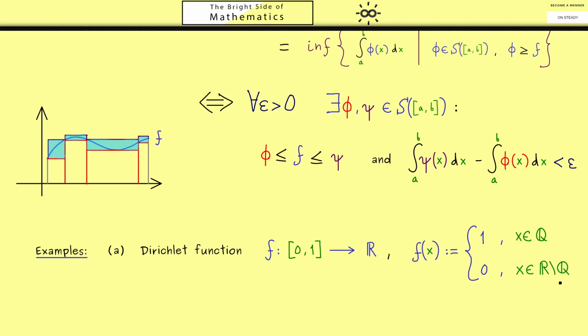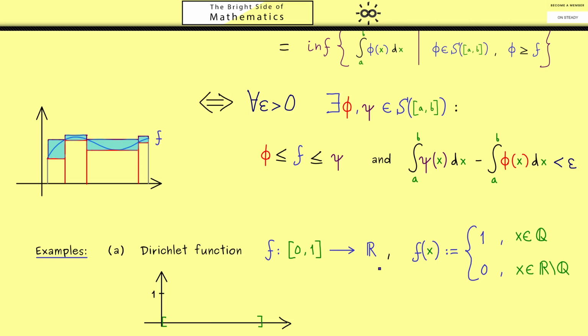and it's 0 when x comes not from Q. Now, at first glance, this looks like a very simple function, so let's draw the graph for it. And there, you should immediately see we have infinitely many rational points for the value 1, but also infinitely many irrational points for the value 0. And moreover, we know the rational points lie dense in the real number line.